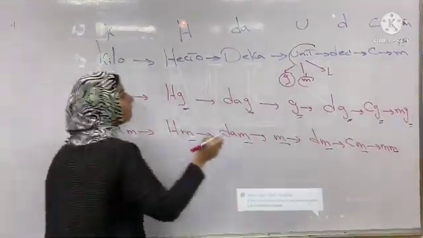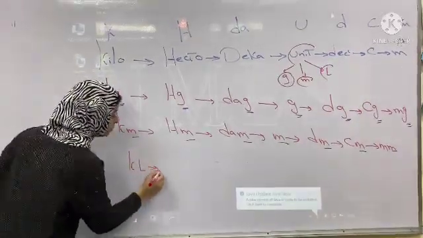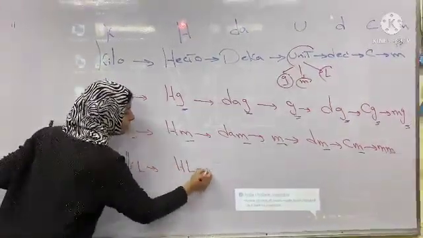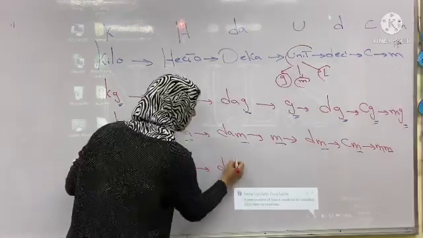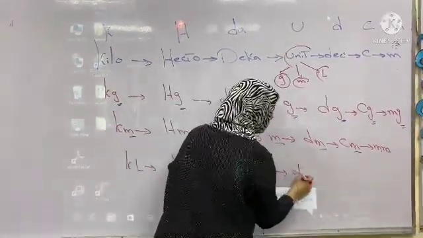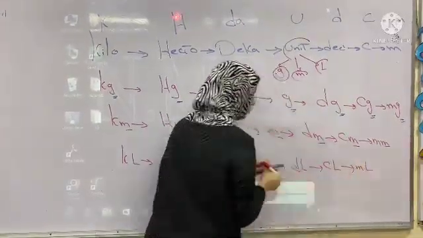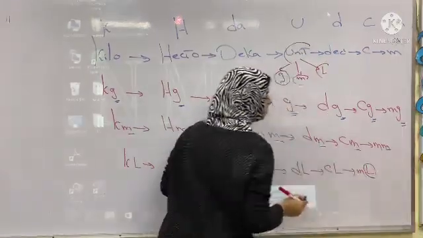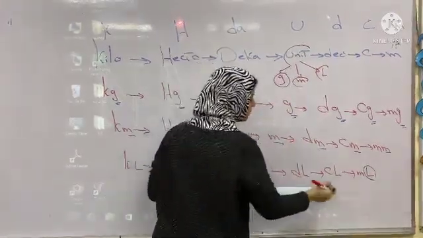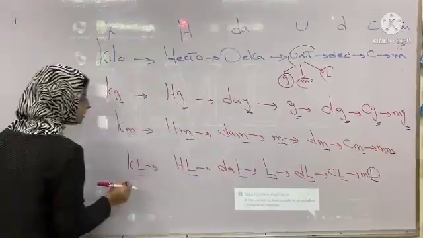Okay, what about if I'm gonna use the liter? So it will be kiloliter, hectoliter, and decaliter, and my unit is liter, and deciliter, centiliter, and milliliter. So when I use liter, that means Junior 4, I measure capacity.